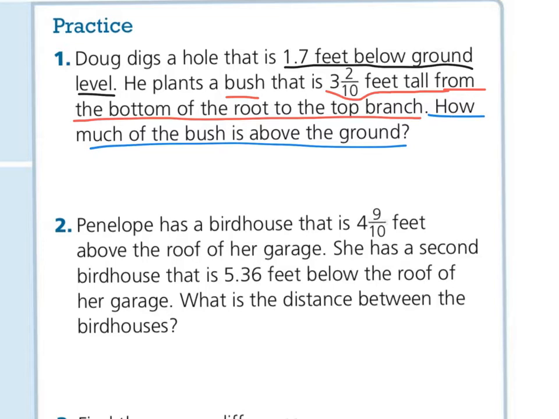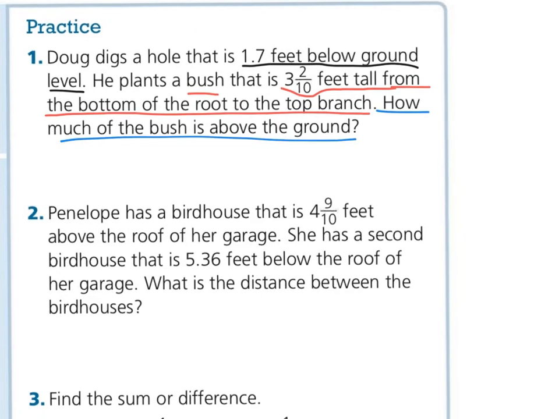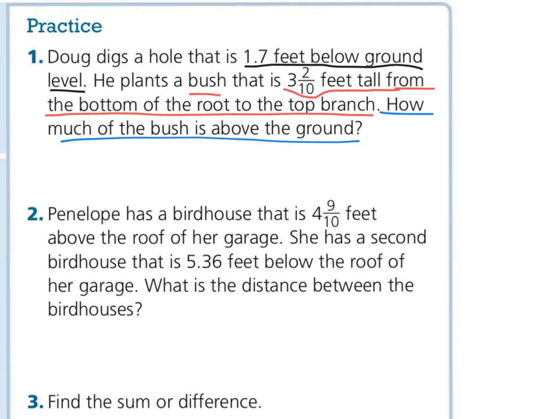Okay, so this is going down into the hole. So there's different ways you could look at this. What the book's doing is they're saying, well, 1.7 feet below the ground, that's like a negative 1.7. And then the bush from that point will go up 3 2/10. Now 3 2/10, we can easily get that to a decimal, 3.2.